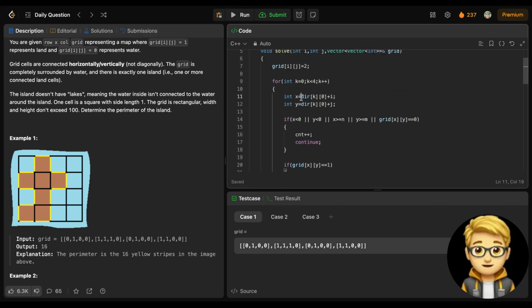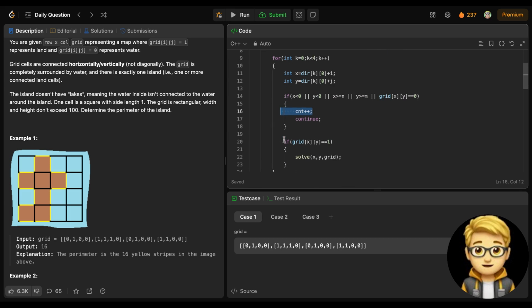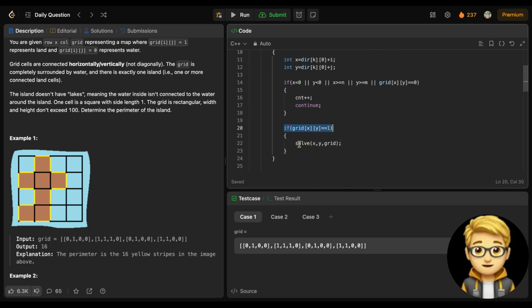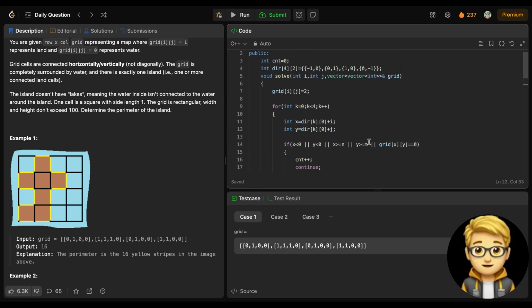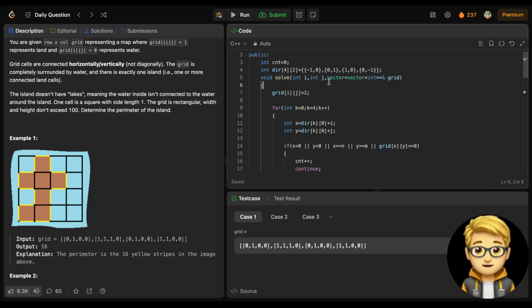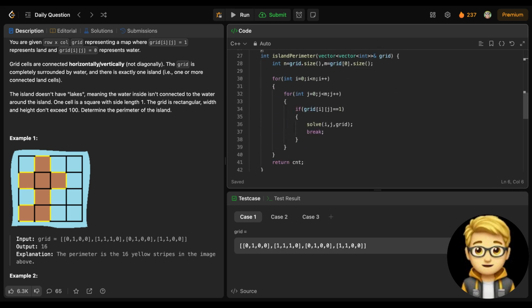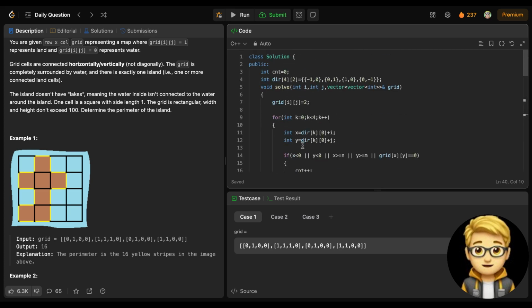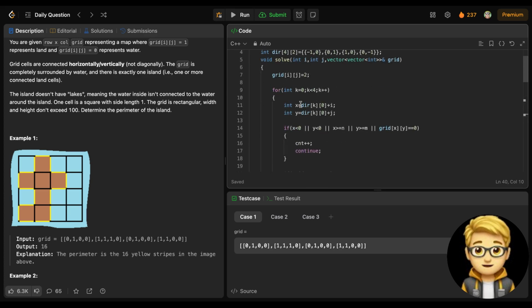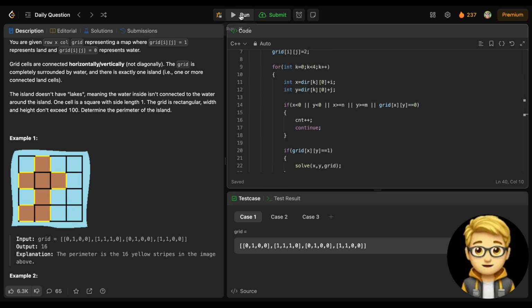So what I have done: I will move in all four directions. If I get out of boundary or water, I will increment the perimeter. If I get adjacent land cells, I will again call solve with the new land cell coordinates. This is how we will calculate the perimeter of the island. So let's run this.